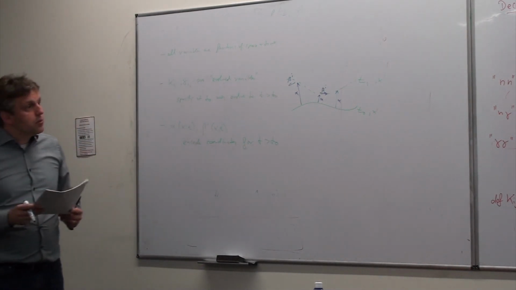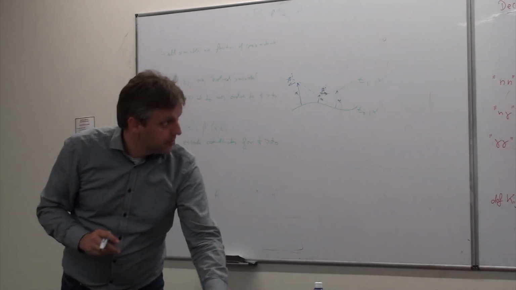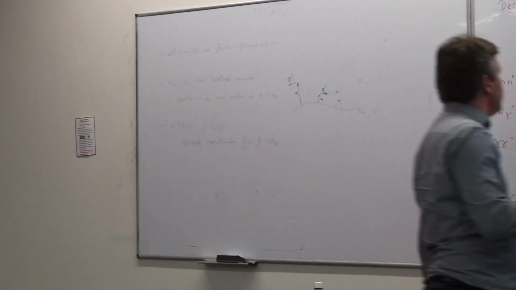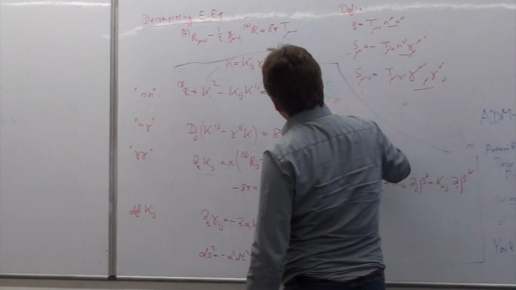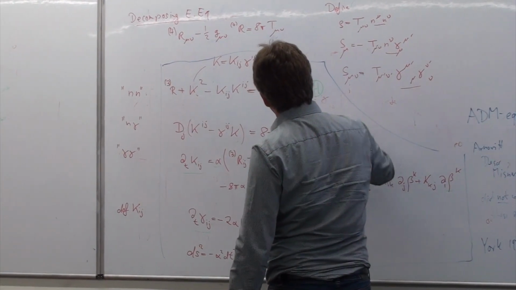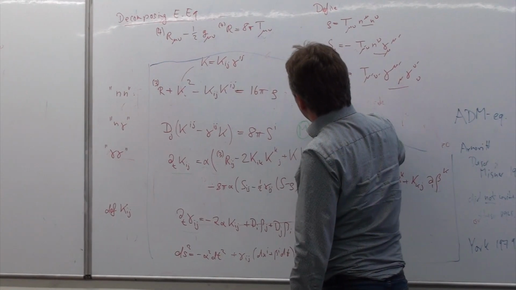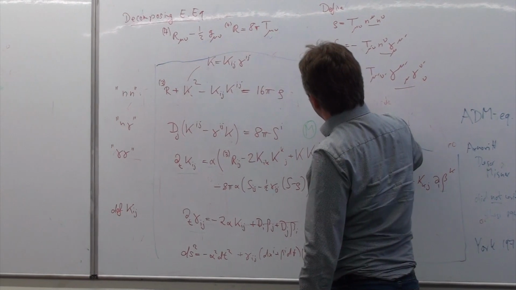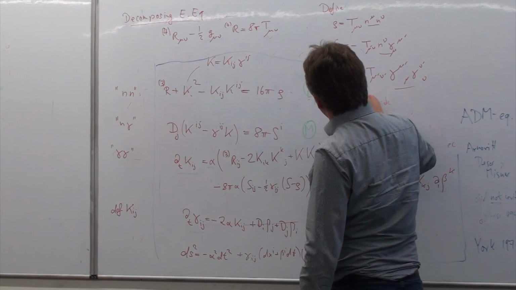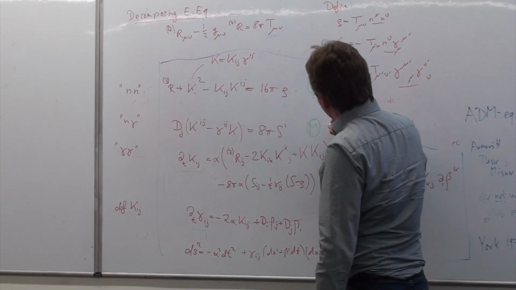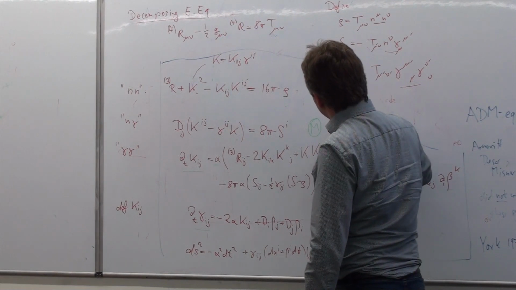And then there's two more equations that I haven't mentioned yet. These ones here, let's call them H and M. H stands for the Hamiltonian constraint, and M stands for momentum constraint.